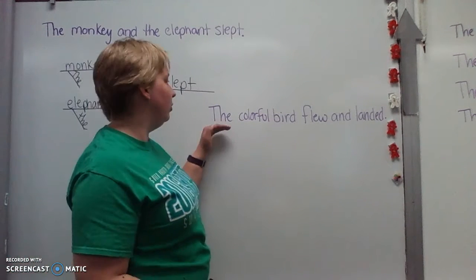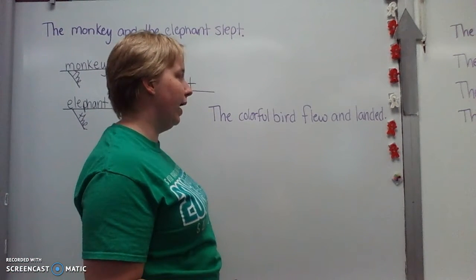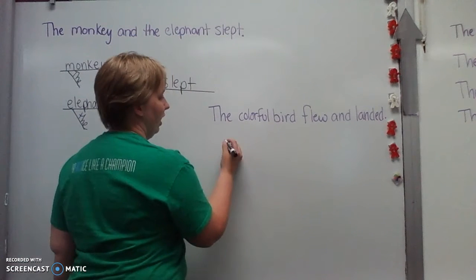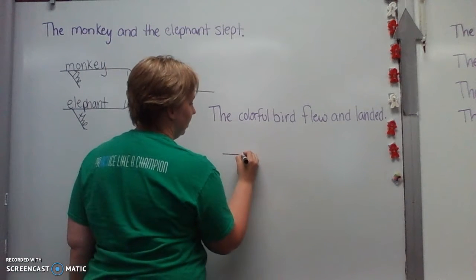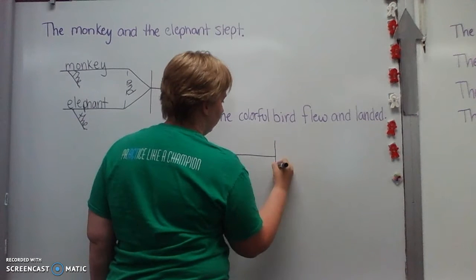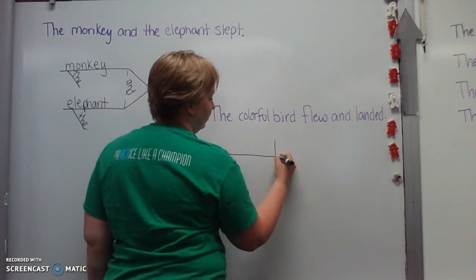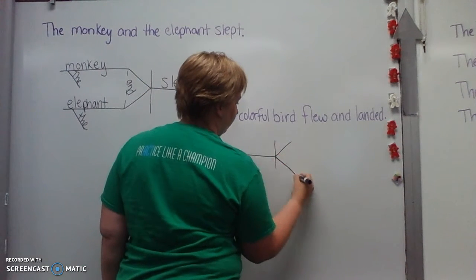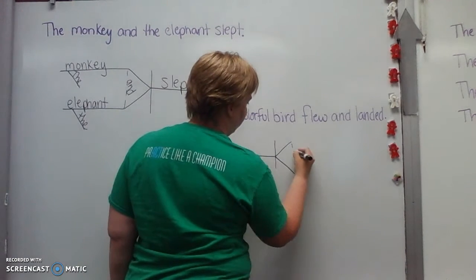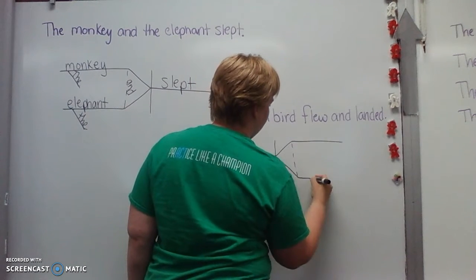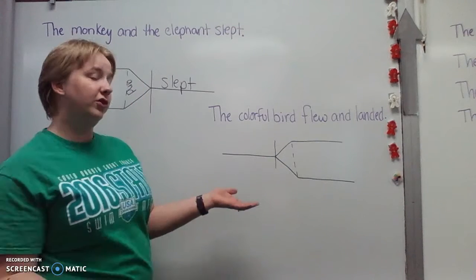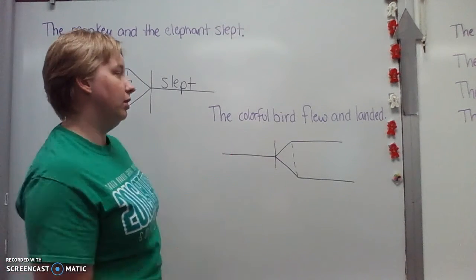Now I have the other one here, the colorful bird flew and landed. So in this case, we have a compound verb instead of a compound subject. So we draw our baseline on our subject side and then split it into the pencil on our verb side. So what's our subject? What flew and landed? A bird flew and landed.